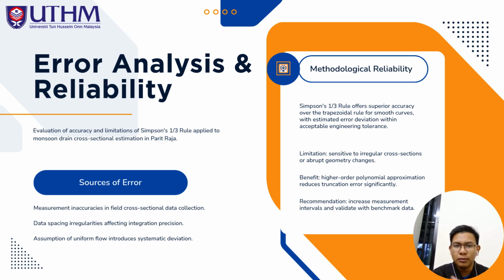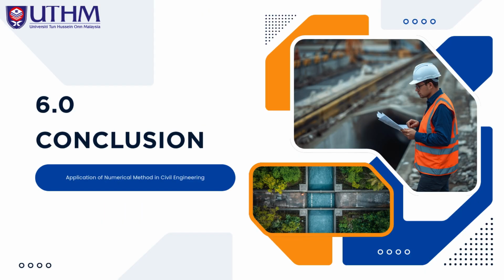This means our true percent relative error is exactly 0.00%. This flawless accuracy happens because our channel boundaries are perfectly linear, allowing the parabola in Simpson's rule to map the shape perfectly without any deviation.